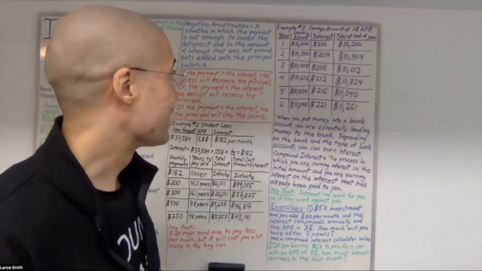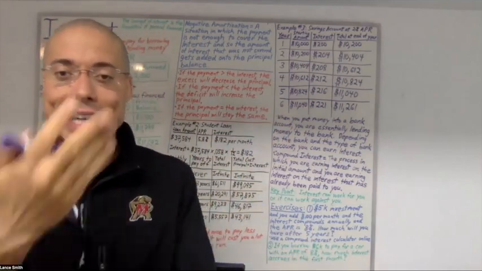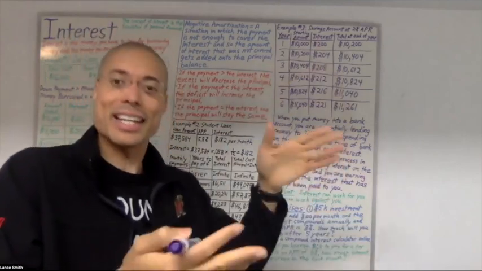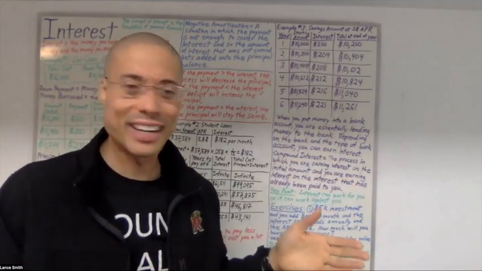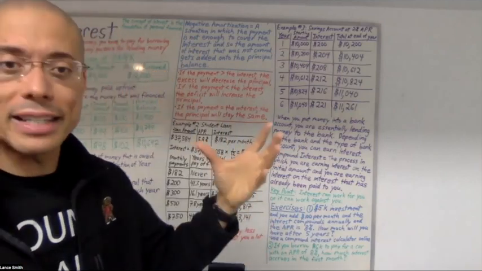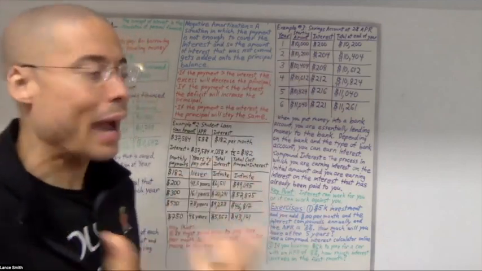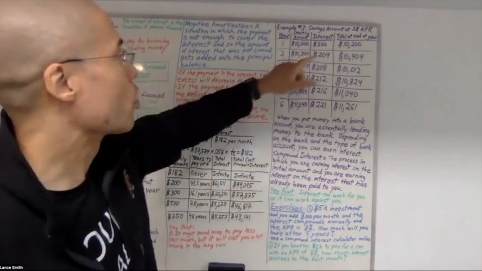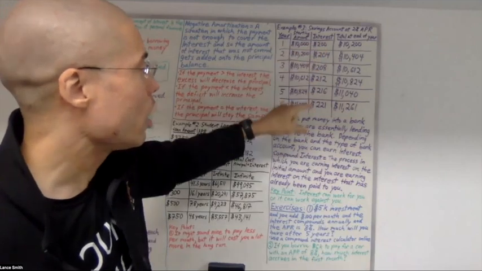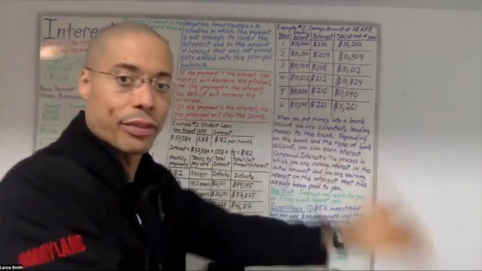So you're earning interest on the initial amount and on the previous interest that you've earned. It's an amazing concept, because it shows you how, due to the power of compound interest, your balance will grow at a rate that is increasing every year, right?